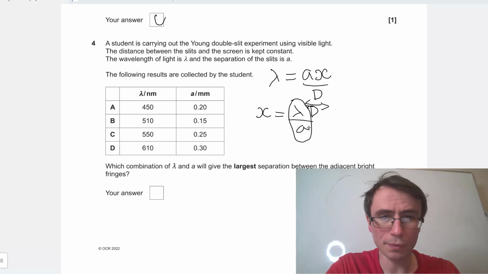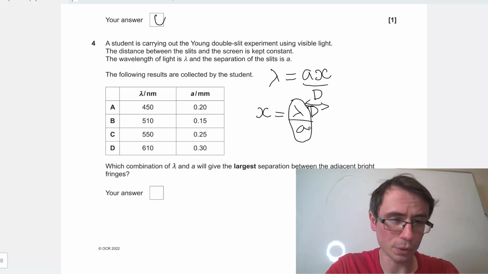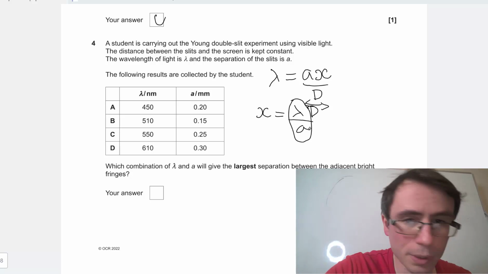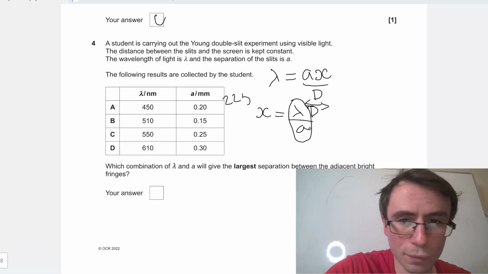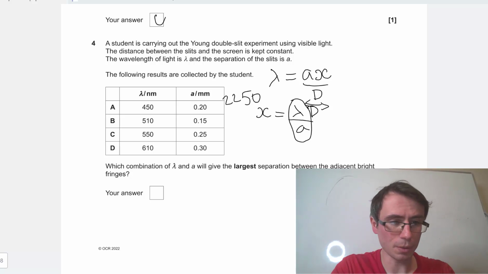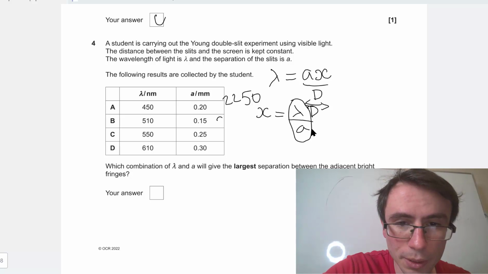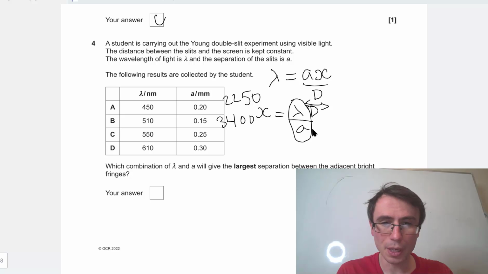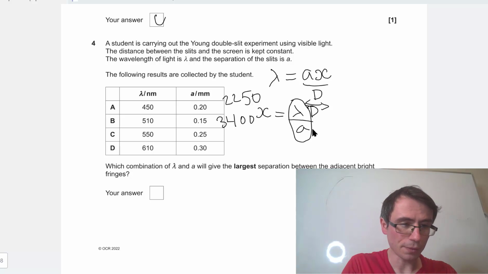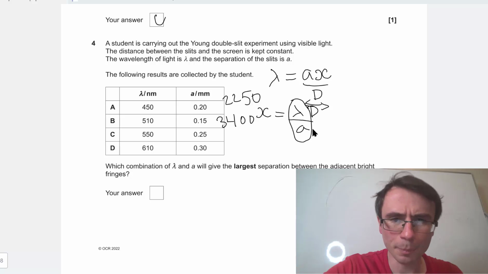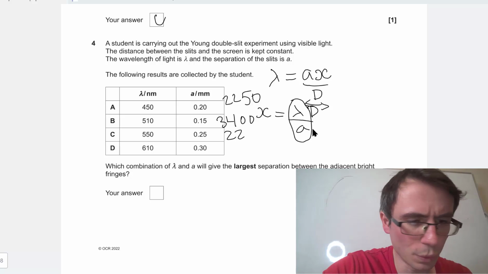So first one, 450 over 0.2. This will give me 2250. Next one, 510 over 0.15. This one here will give me 3400. So far this one is winning. 550 over 0.25 is 2200.